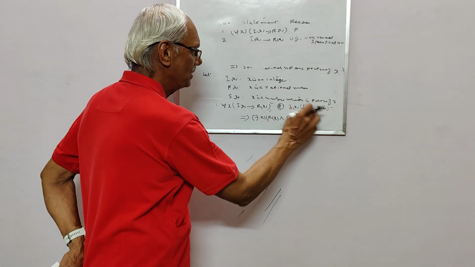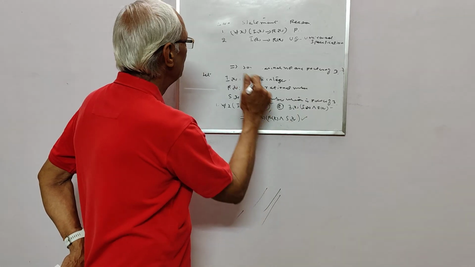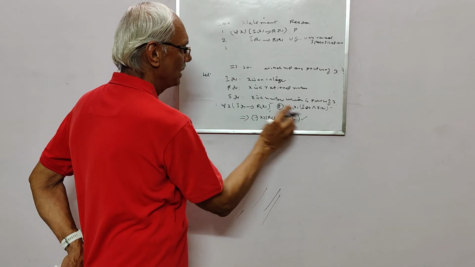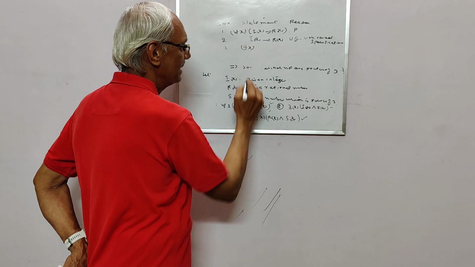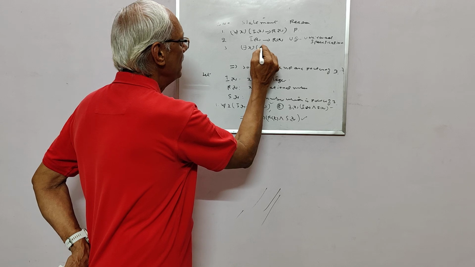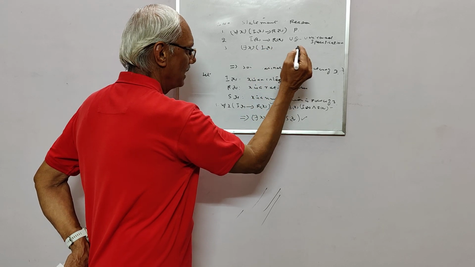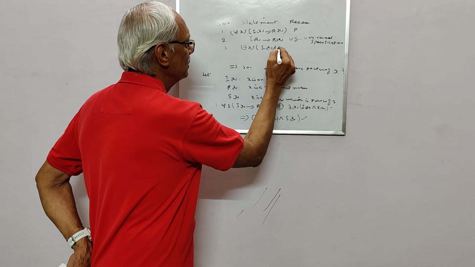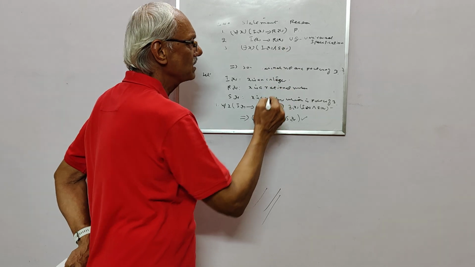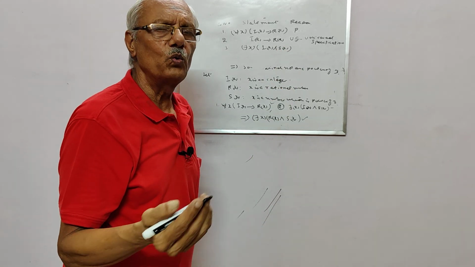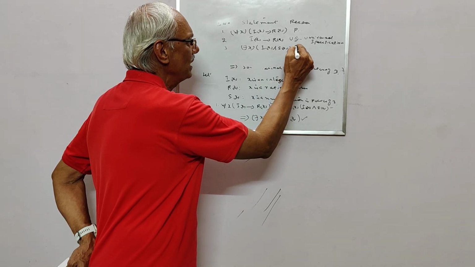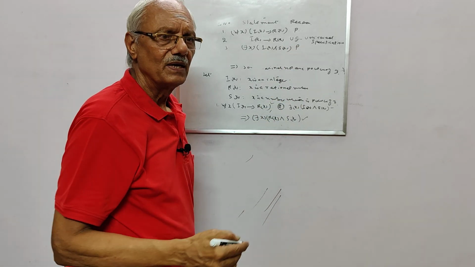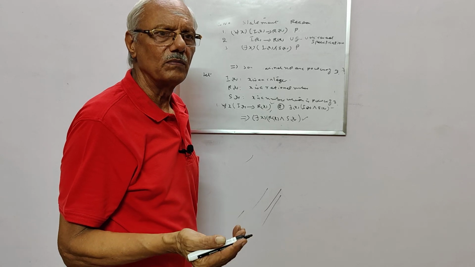Then we will come to the third one. What is this? There exists x, I of x conjunction s of x. Now somebody must be able to say what rule I should use here. The rule is quite clear: it is P, because it is given in the problem.